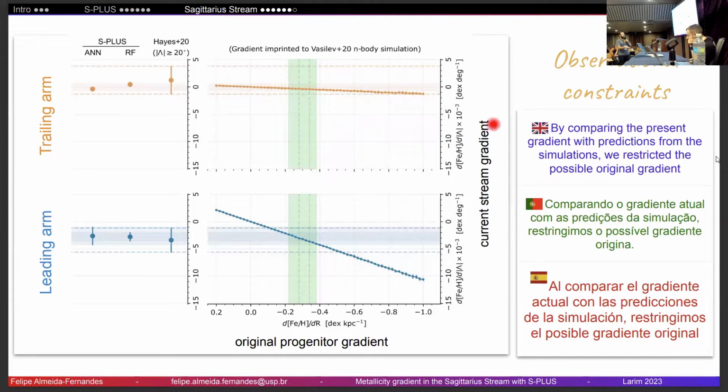On the y-axis, we have the current gradient in the stream, which is what we measure using SPLUS and using spectroscopic data as well. And on the x-axis, the different metallicity gradients that we imprinted on the initial step of the simulation. So we're able to constrain the possible values for this original metallicity gradient.